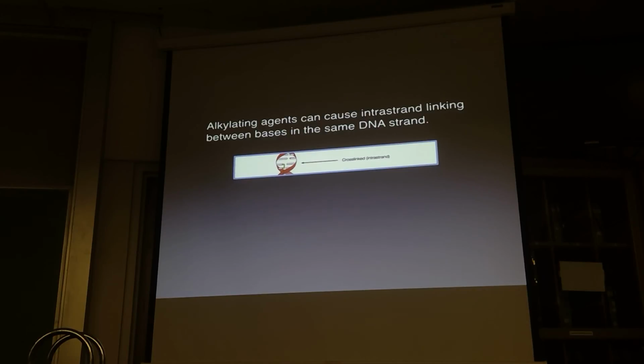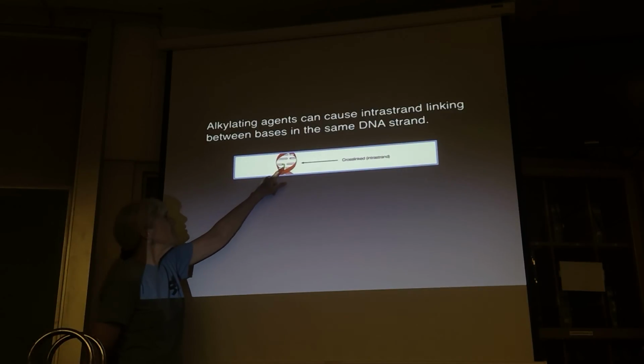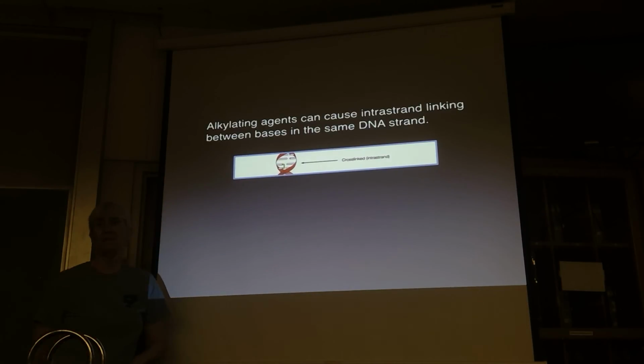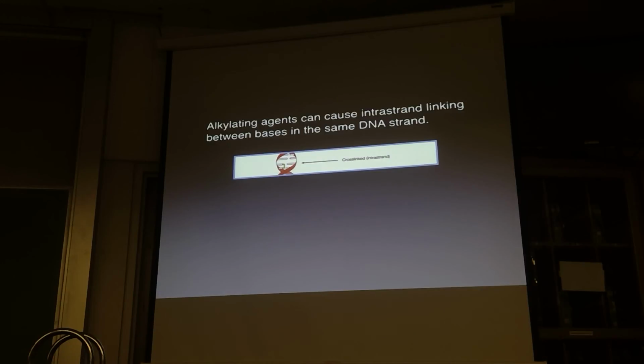The other thing alkylating agents can do is they can cause bases to bind to each other. This little green line in here, it's kind of hard to see, but what it represents is covalent bonding between those two bases. That's not hydrogen bonding, that's covalent bonding. So those bases are stuck to one another.